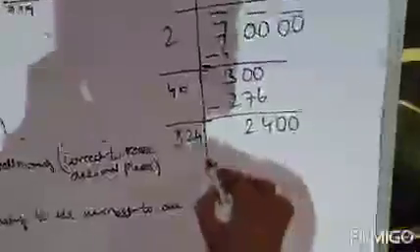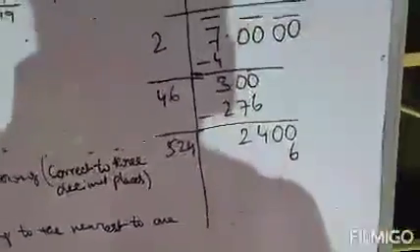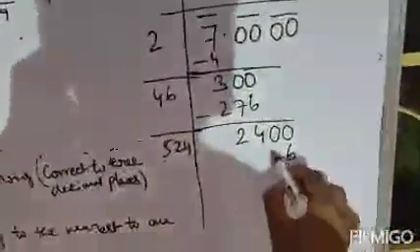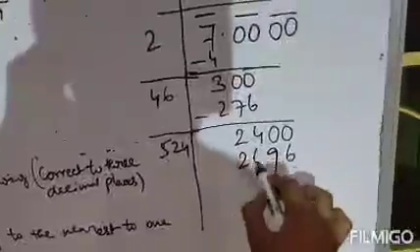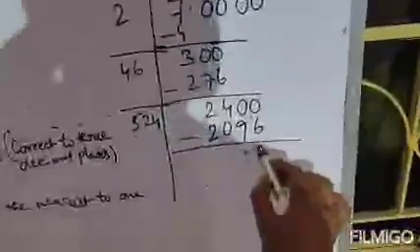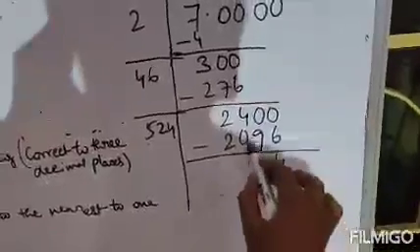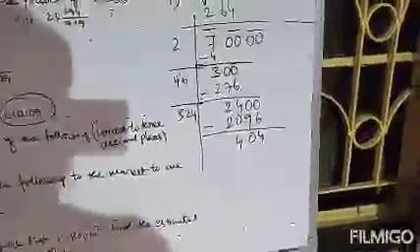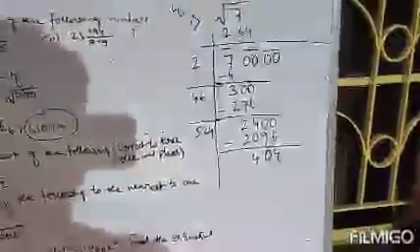So 4 4s are 16, carry 1, 4 2s are 8 and 1 is 9, 4 5s are 20. Clear? Subtract. So this is 404.